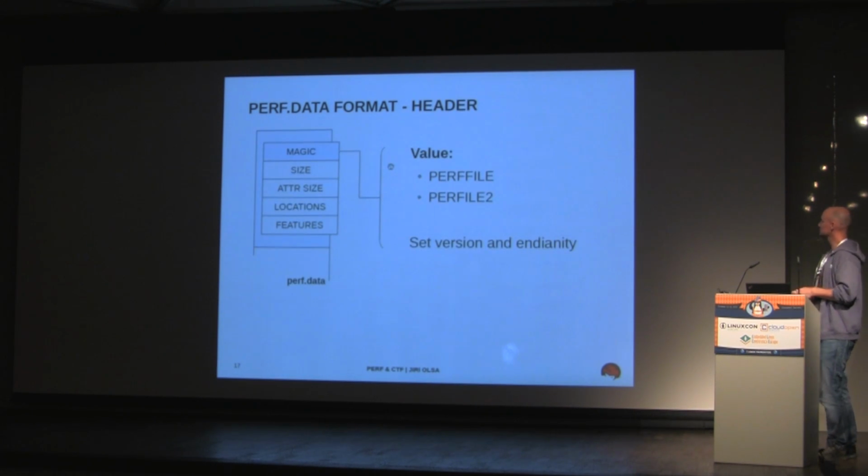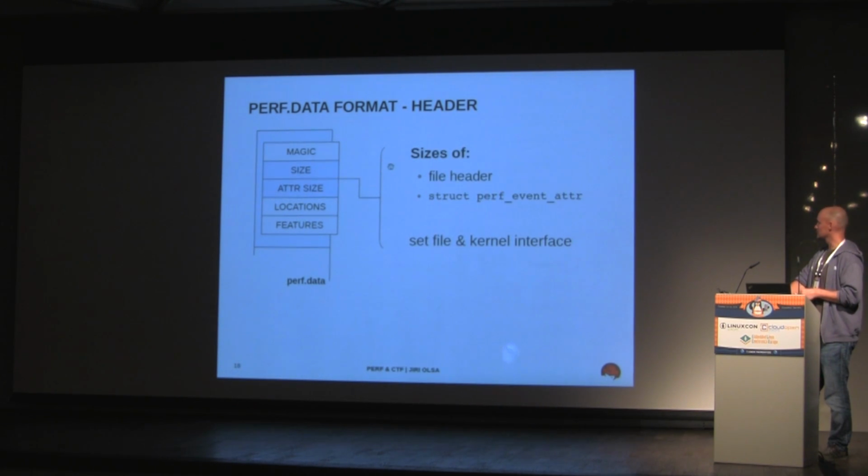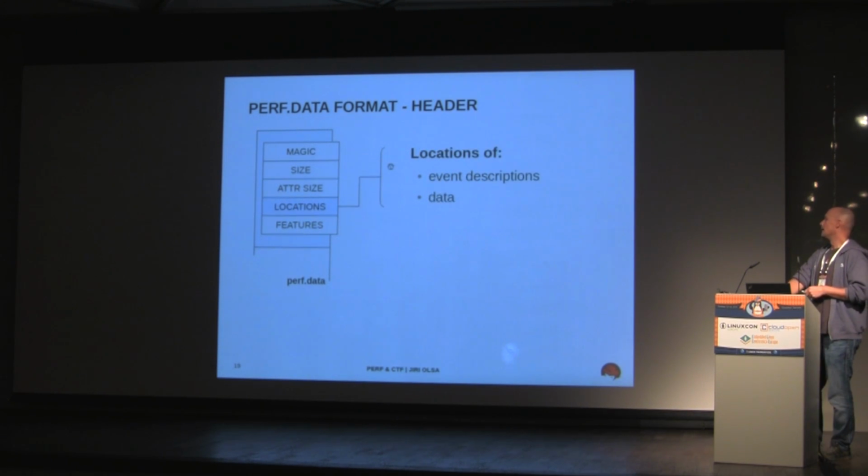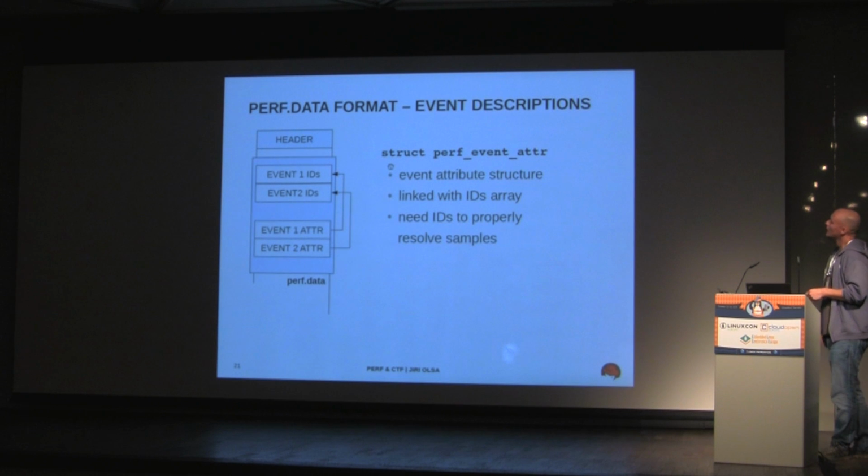Just briefly, in the header we store the magic values, the sizes and locations of the event descriptions, and other configuration information like what features are stored in the data file. The header is followed by the event descriptions and event IDs, and here is the place where the file format is basically dependent on the kernel interface.